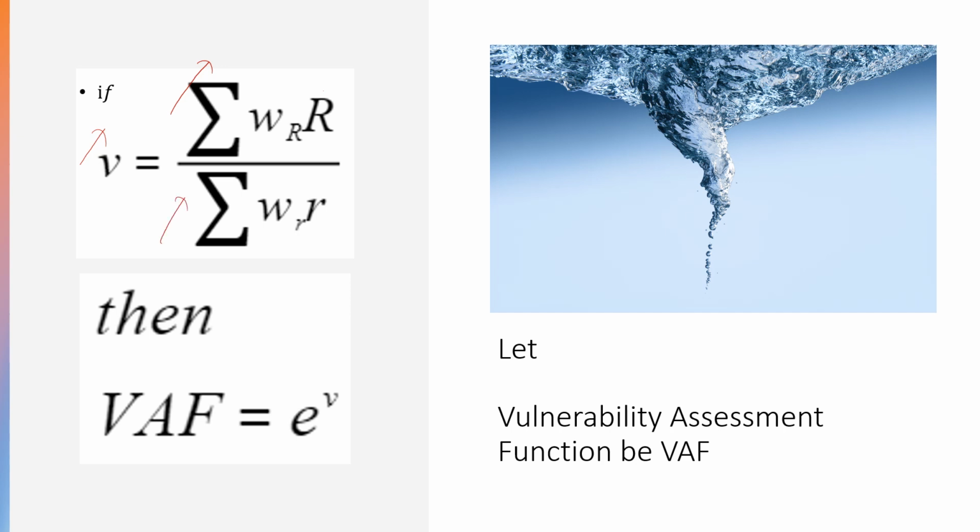When risk enhancing factors increase, V decreases, and vice versa. Then VAF, the vulnerability assessment function, will be e to the power V, the exponential of V. The reason for using this e is to make V more pronounced, more clear.